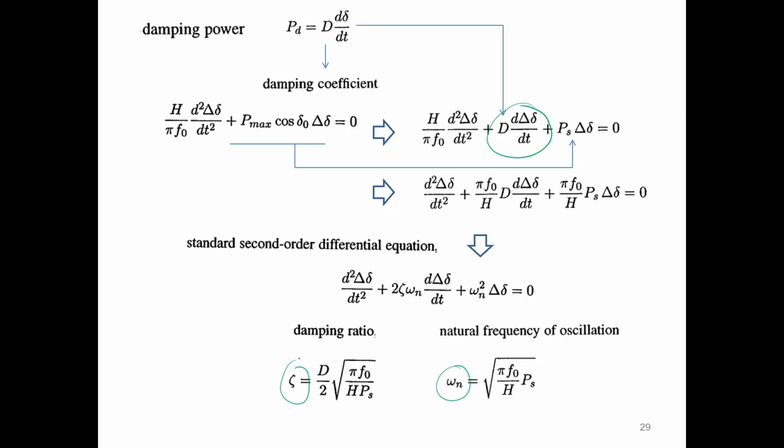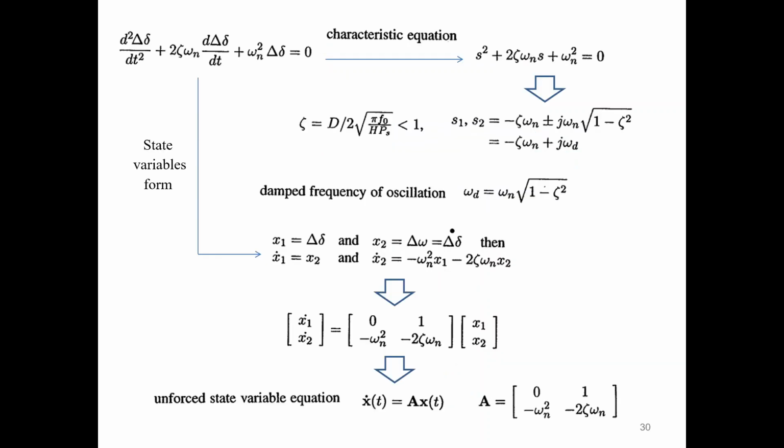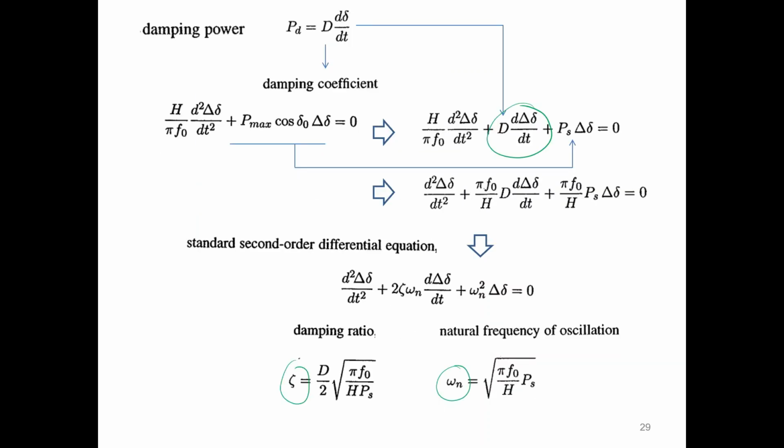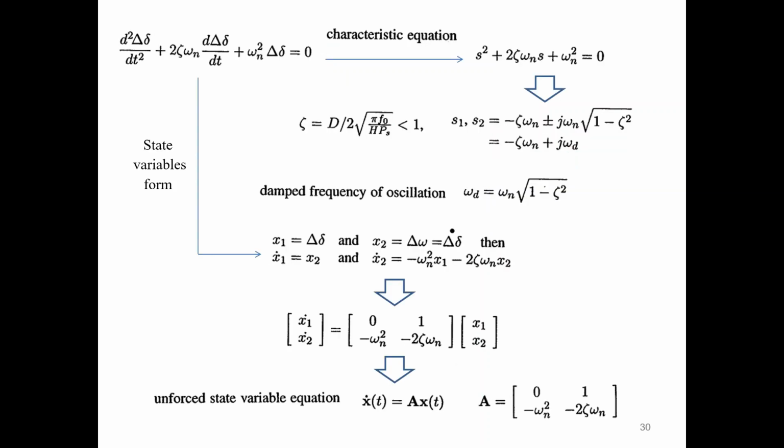This is what you have already learned from other classes. So you have to deal with the characteristic equation, which will tell you what kind of damping it is, depending upon the root of this equation.